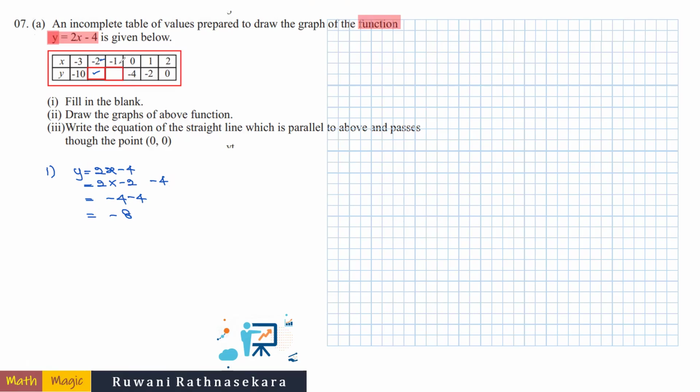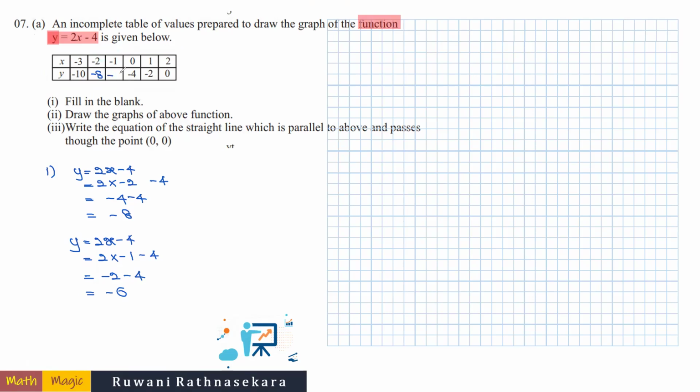Then you have to find what y is when x is minus 1. Same substitution. Y equals 2x minus 4. This time x is minus 1. 2 into minus 1 minus 4. 2 times minus 1 is minus 2. Minus 2 minus 4 is equal to minus 6. Then you can add this to your table if you have the printed copy.